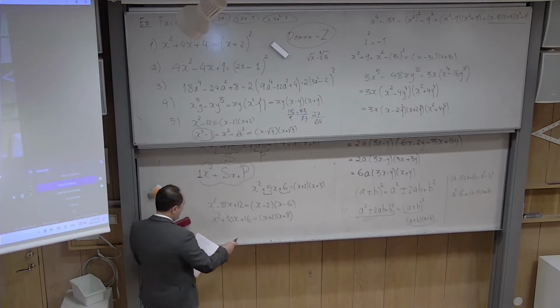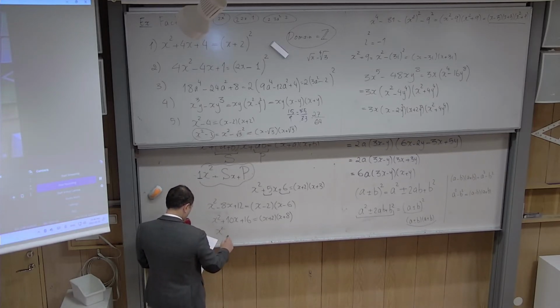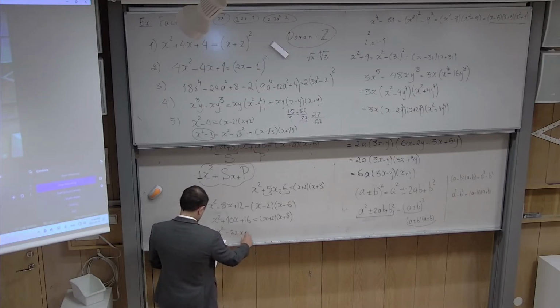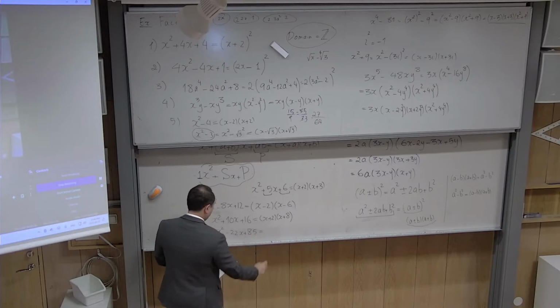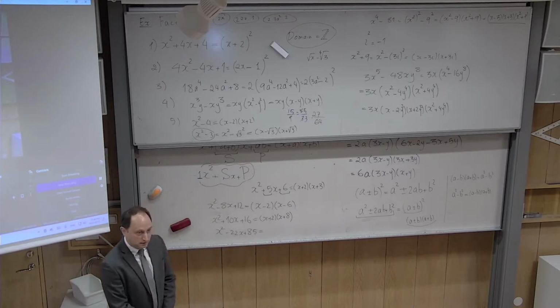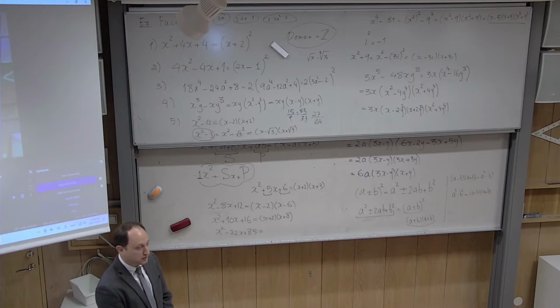I don't know how good a friendship you have with numbers, but can you guess these numbers as well? Can you think about 2 numbers whose sum is negative 22 and the product is 85?